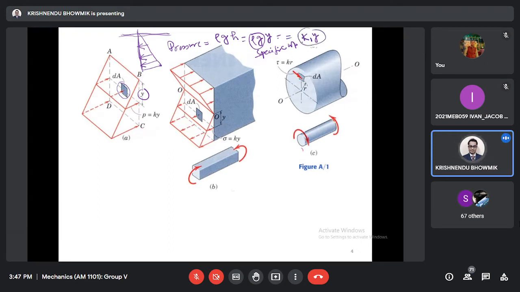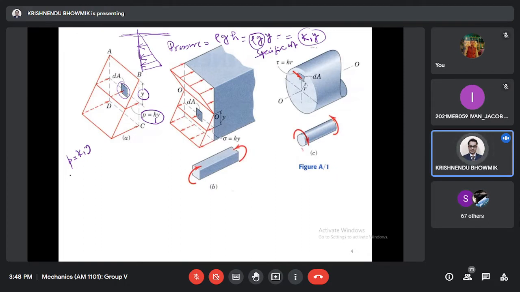K1 is the specific weight. So pressure P equals K1 y. Actually the pressure varies with the distance from the top of the fluid or water.